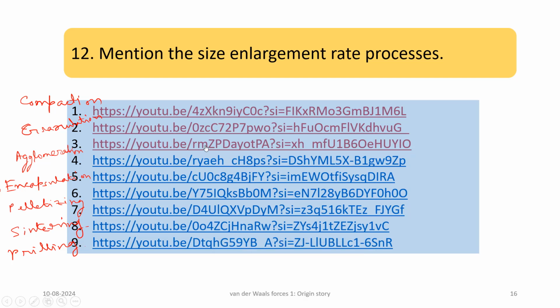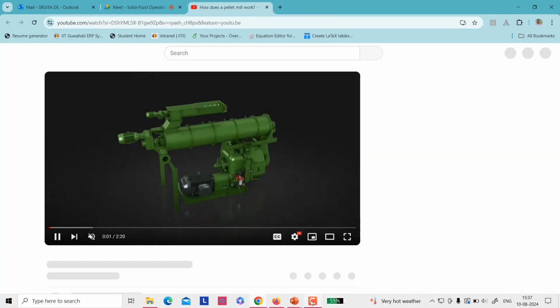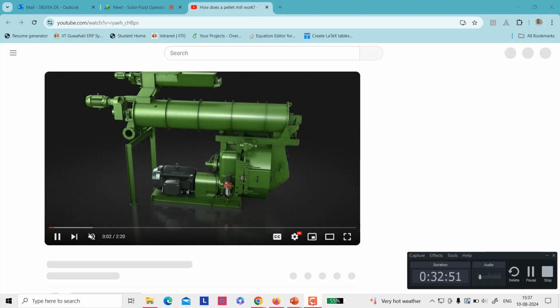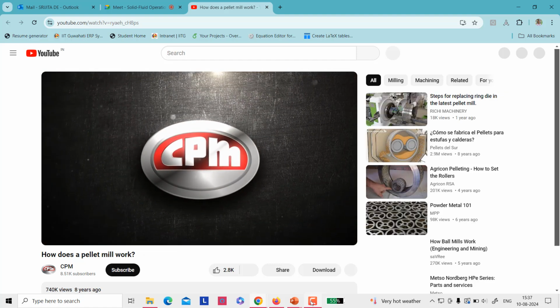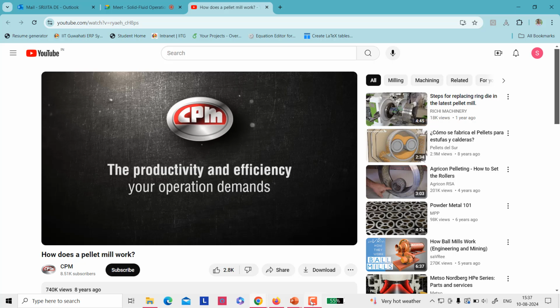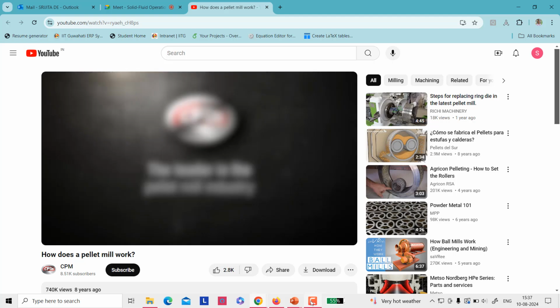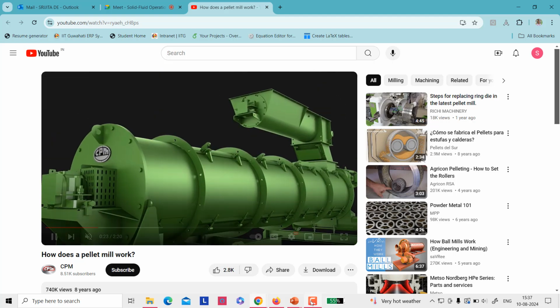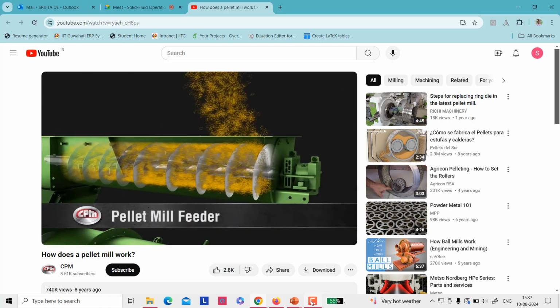Next one is the pelletization. Here is the pellet mill feeder.